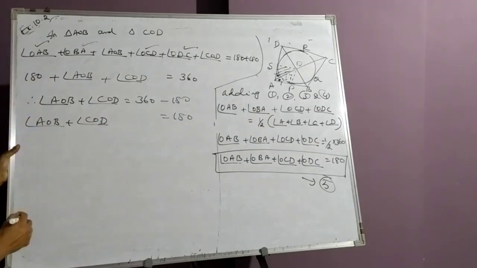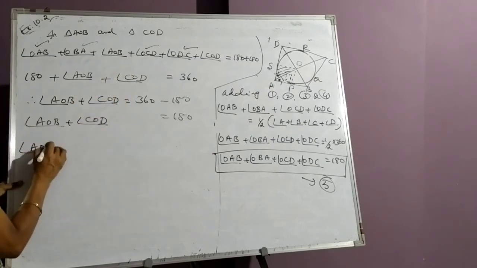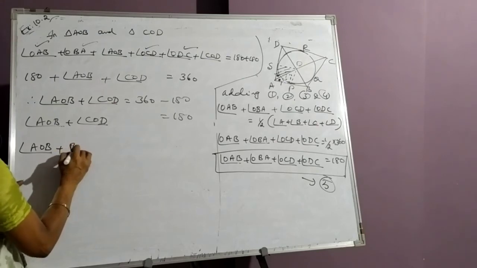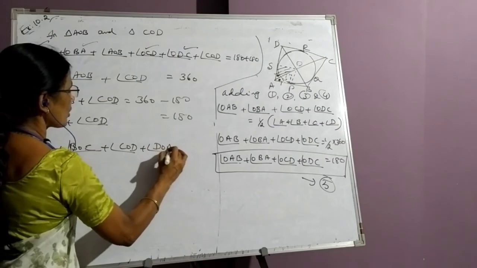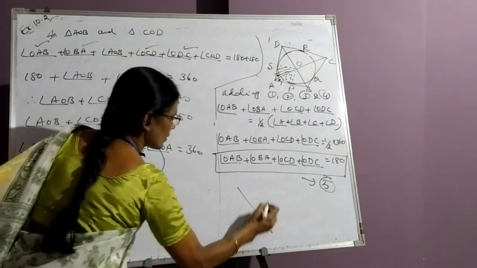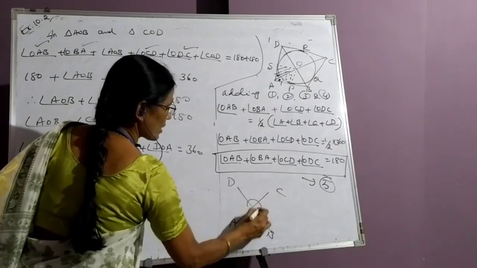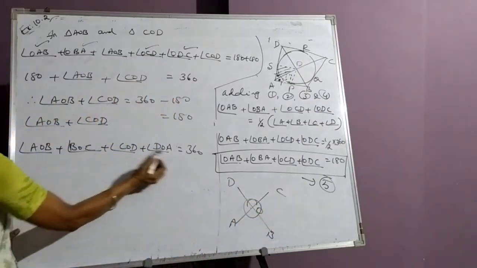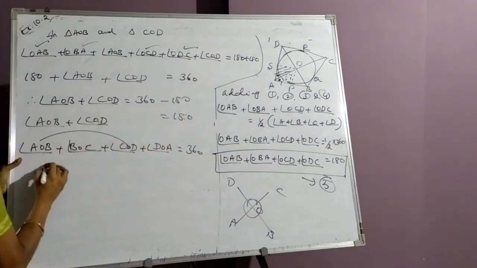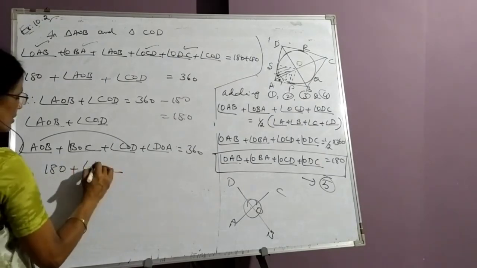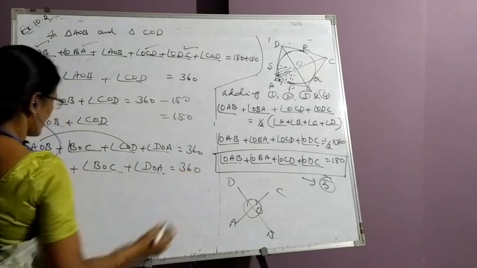To get the remaining result, around any point we know 360 degrees is formed. Therefore, angle AOB plus angle BOC plus angle COD plus angle DOA is equal to 360 degrees. Angle O is here, A, B, C, D. Around any point 360 degrees is formed, that is written here. But in the place of AOB plus COD, the result we have found is 180, plus angle BOC plus angle DOA equal to 360.